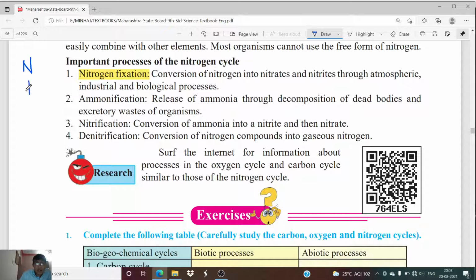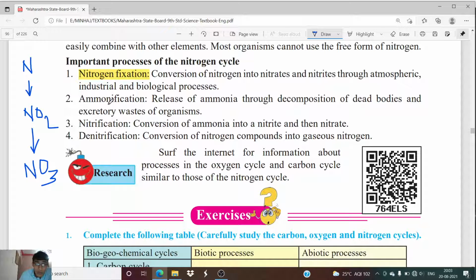Okay, so nitrates, that is NO2, and nitrites, that is NO3. Okay, so this conversion of nitrogen into nitrates and then again into nitrites, okay, this conversion is called nitrogen fixation. Okay, it can take place using atmospheric, industrial, or biological processes.